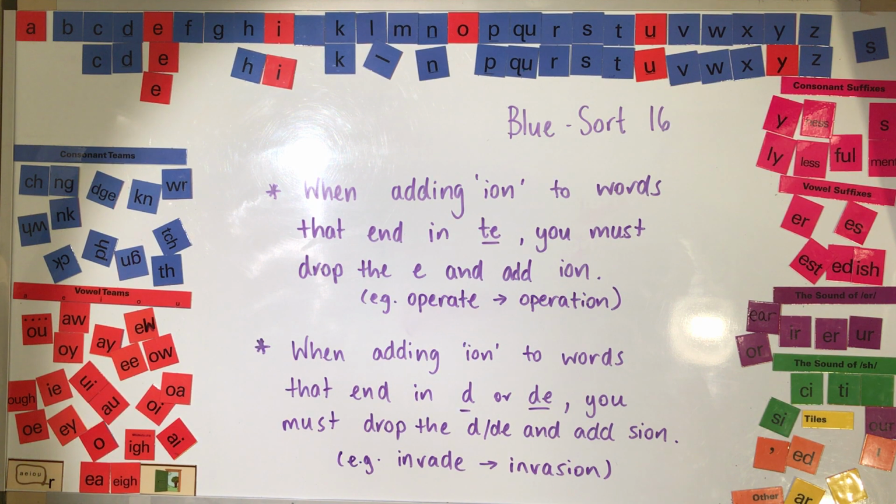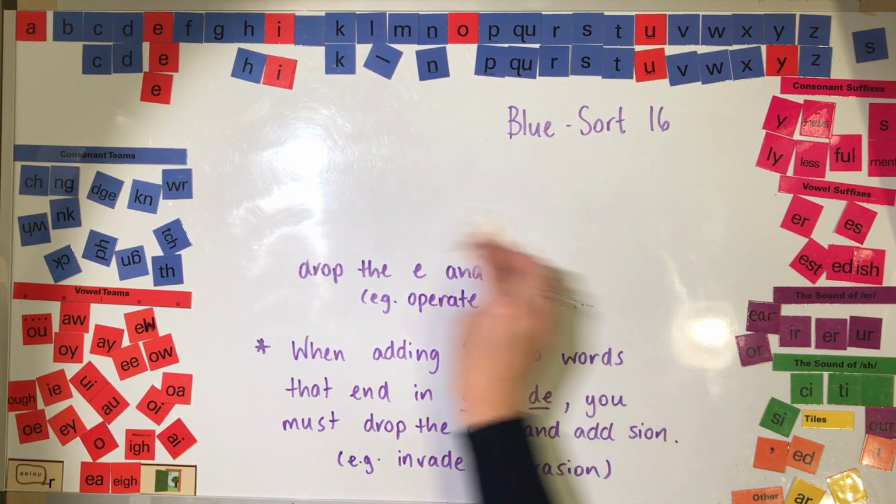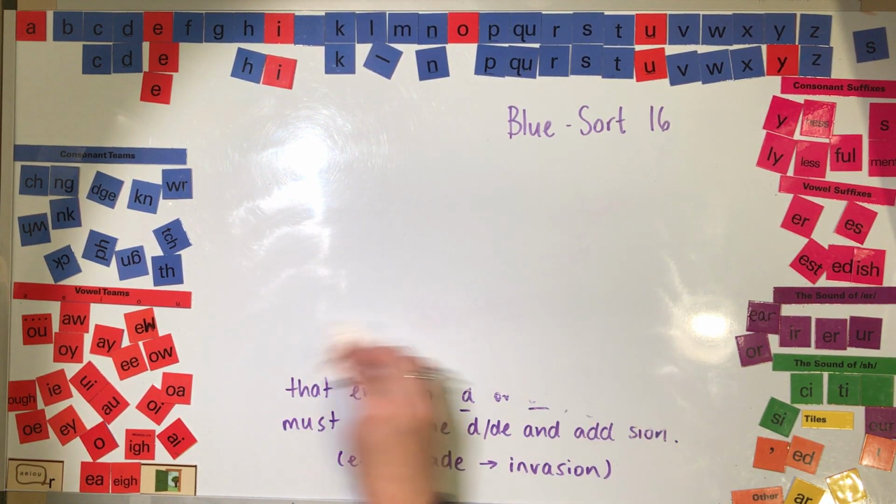So when adding ION to words that end in TE, you must drop the E and add ION. Example, operate to operation. When adding ION to words that end in D or DE, you must drop the D or DE and then add SION. Okay, so that is actually what you need to know to do this whole word sort. It's really just those 2 rules. So what I'm going to do is give you the headings.